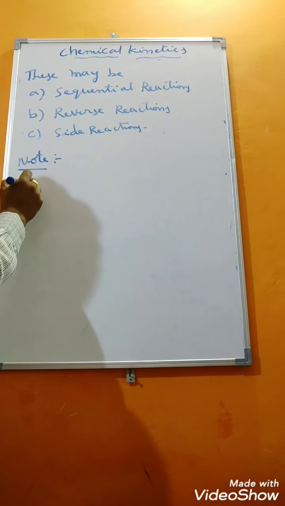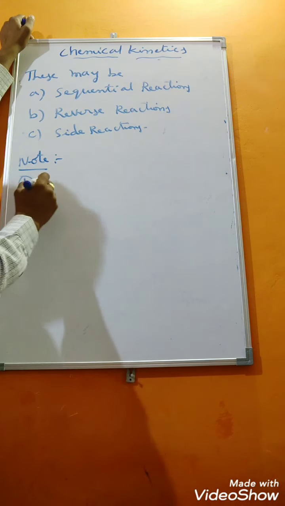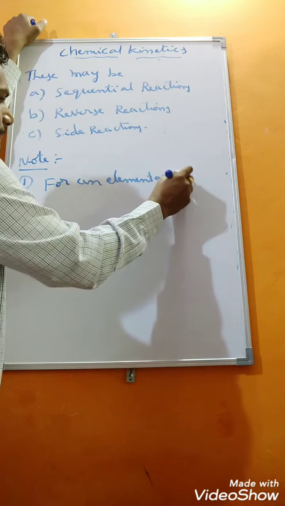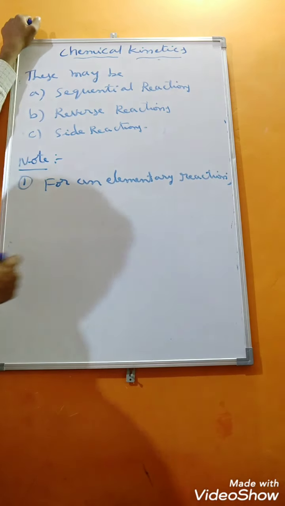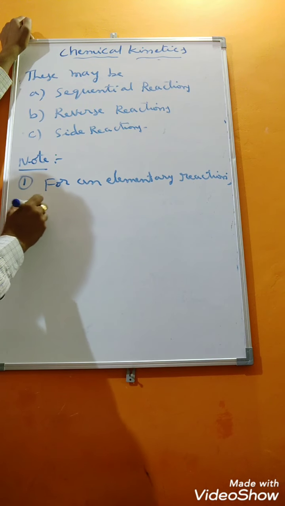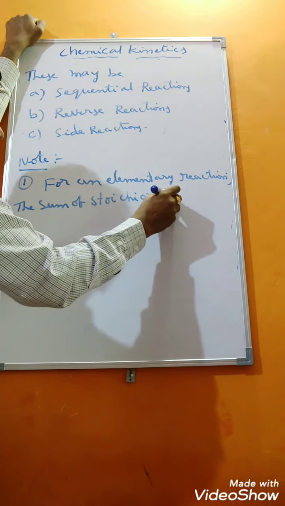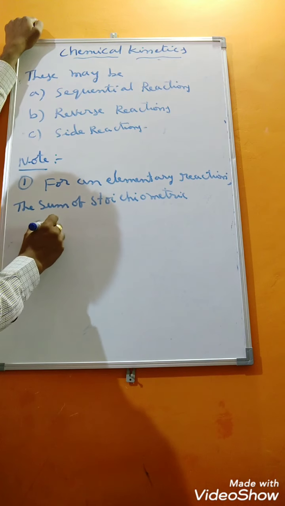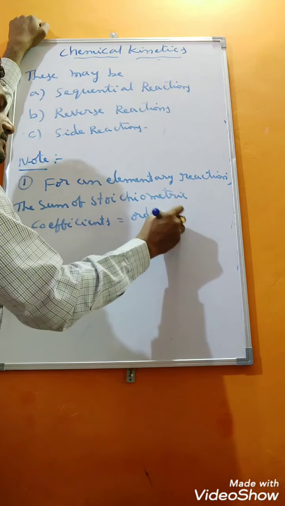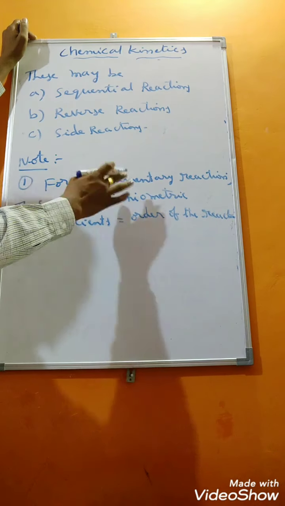You can keep a note. First, for an elementary reaction, the sum of stoichiometric coefficients is equal to the order of the reaction. Right, students? This is for an elementary reaction.